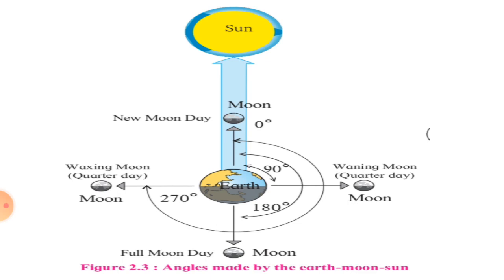Then at these positions we see half the portion of illuminated moons. That is sun, earth and moon. It makes an angle of 180 degree.